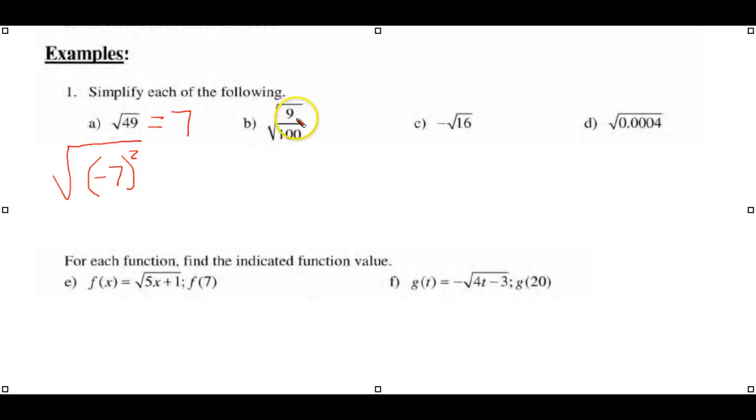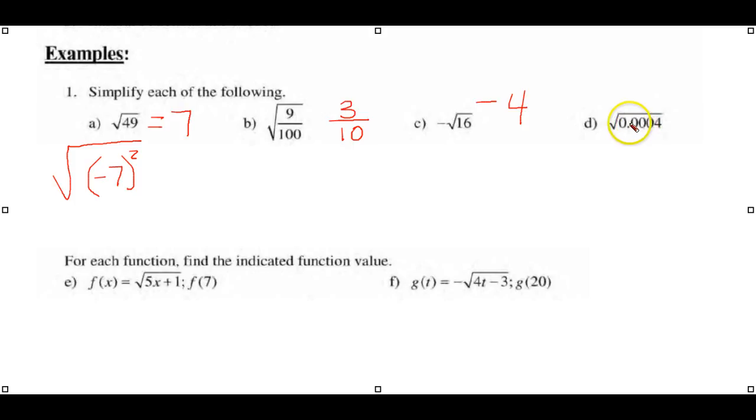Alright, so when you have a fraction, you take the square root of 9, which is 3. Square root of 100, which is 10. Now here, because of the negative sign, whatever answer we're going to get will be negative. And then the square root of 16 is 4.